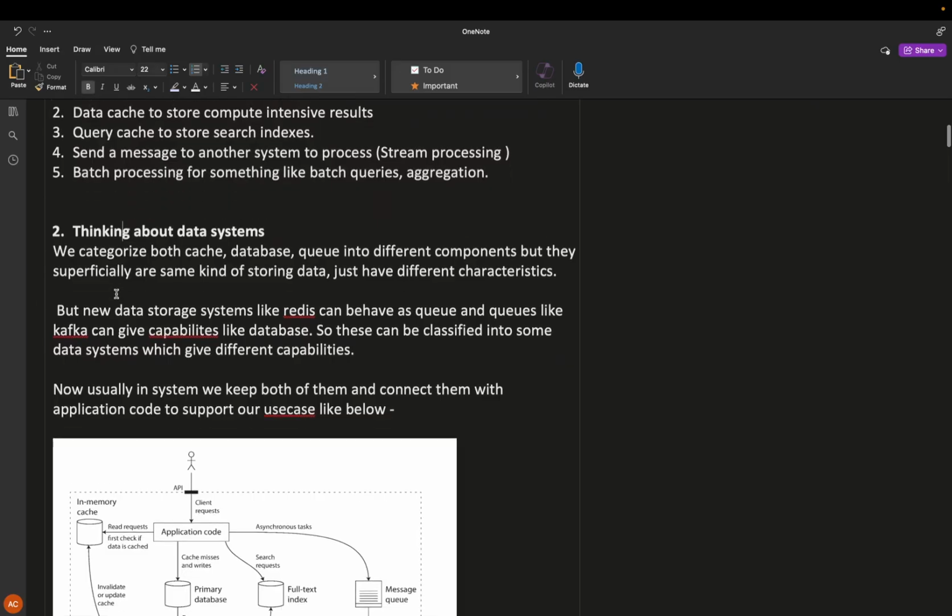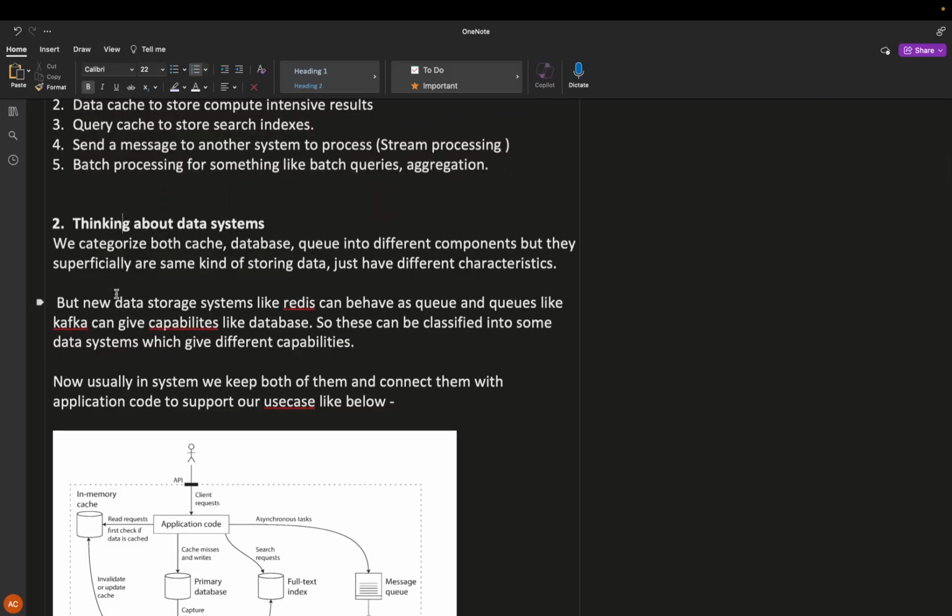Let's move forward. Let us think about what a data system is. We can categorize cache, database, and queue into different components, but superficially they are kind of the same thing. They are storing data, and just have different characteristics in how long they store data and whether the storage is persistent or not.